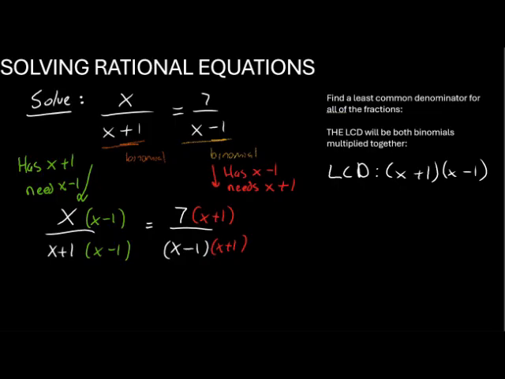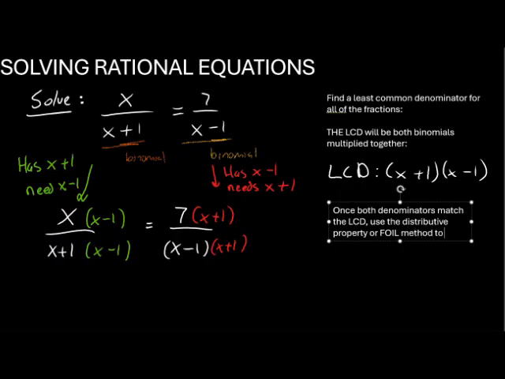Now that we have our denominators all matching the LCD, we will simplify our numerators by either distributing or using the FOIL method. In our first fraction, we will take the x times the binomial x minus 1, and this is an application where we would distribute.